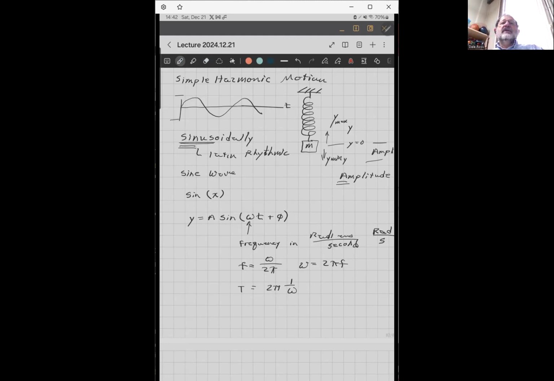Now, so it turns out that the things that change, we have a definition: something that has simple harmonic motion will simply repeat itself.